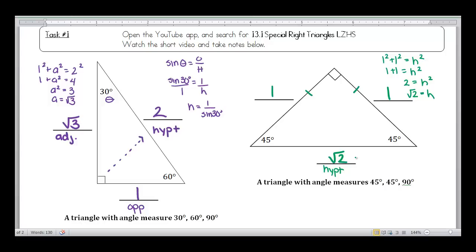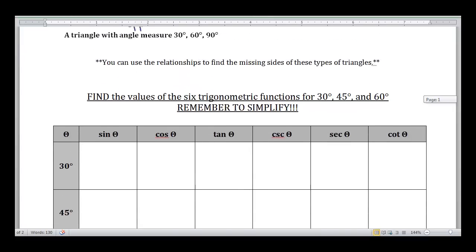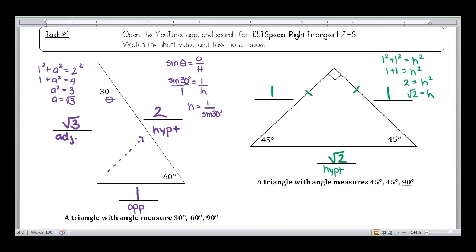Now that I know these lengths, I can again look at either triangle and make either of the acute angles theta and find the different trig functions of that angle measure. This is what we're going to do to fill in the chart below. So let's start with 30 degrees. In my first triangle, I already made 30 degrees theta.